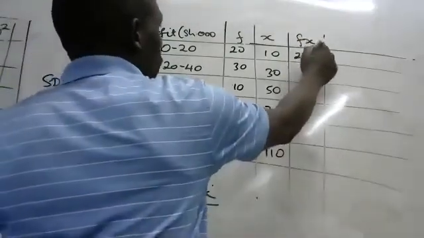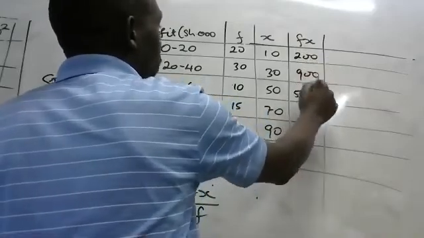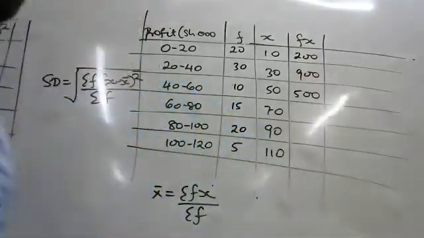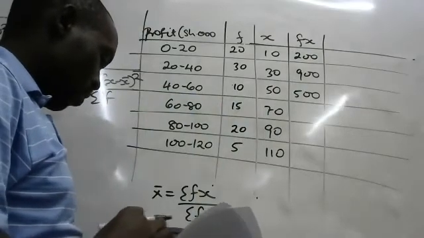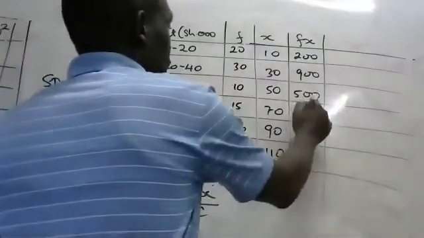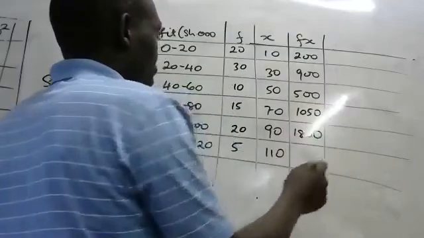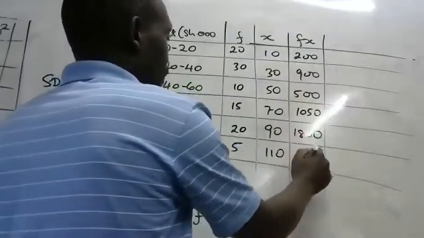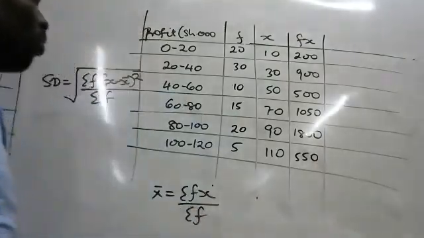This one is going to be 200, this one 900, this one 500, this one 1050, this one 1800, and this one 550.